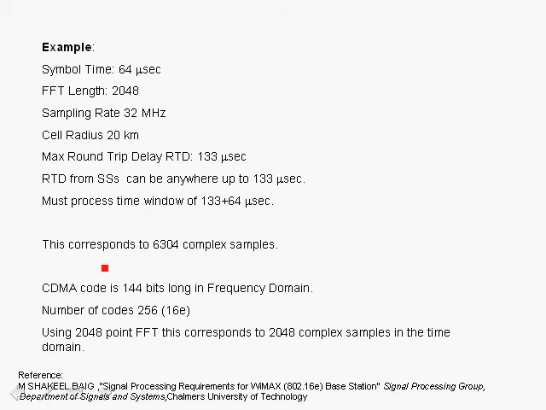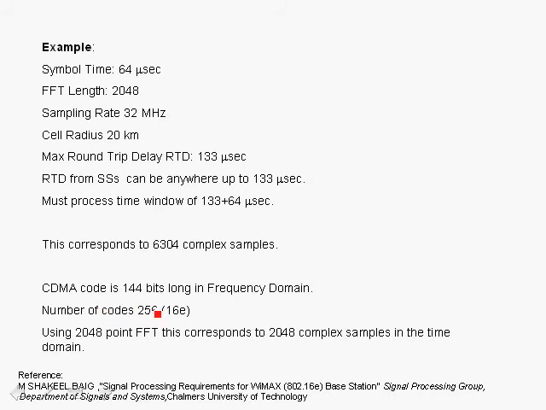As we've mentioned, each subscriber station selects a CDMA code, which, in the case of 16e, is 144 bits long in the frequency domain. And there are from 0 to 255 codes, so 256 codes for 16e, and as we mentioned for 16a it's 48. So each subscriber station is going to select a code.